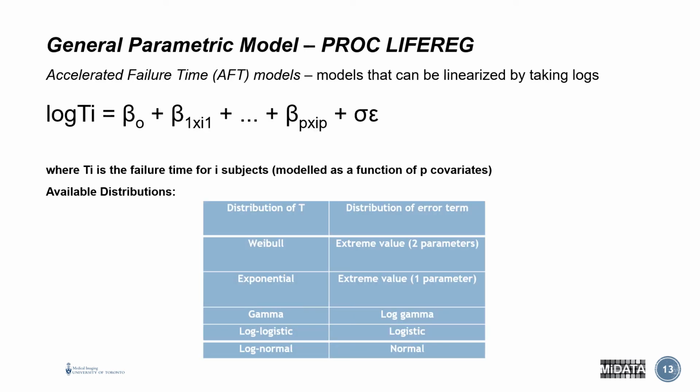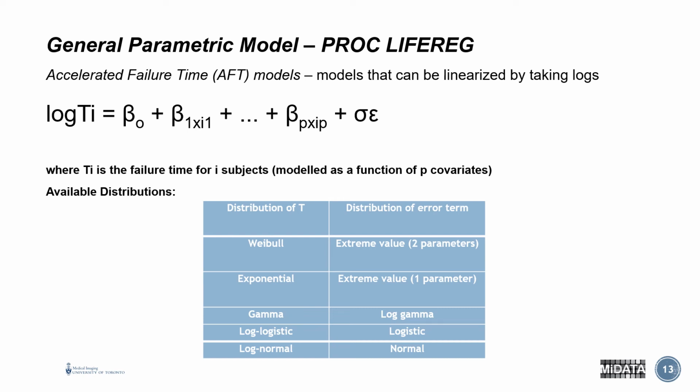When using PROC LIFEREG in SAS, we are performing parametric survival analysis, and the reason for this is because we're using a general parametric model, just like PROC GLM, as we pointed out in previous slides. Now, in order to be able to work with censored data, SAS uses what's called an accelerated failure time model, and this is just simply a way to linearize the model by taking the logs.